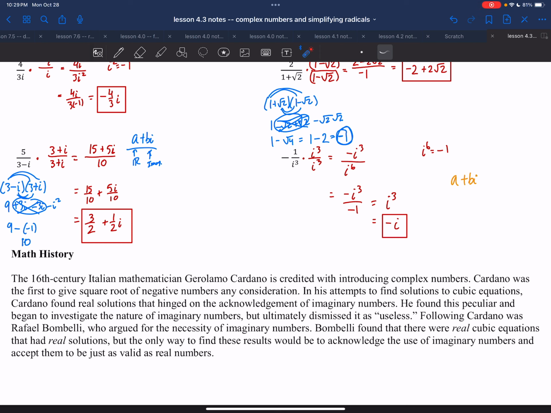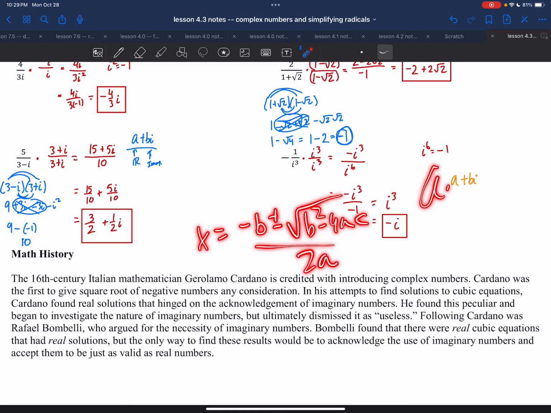Cardano was interested in finding the solution to cubics, x cubed. So you know how we have the quadratic formula, something we're going to solve in class in lesson 4.4? This is the quadratic formula, which solves any quadratic ax squared plus bx plus c.